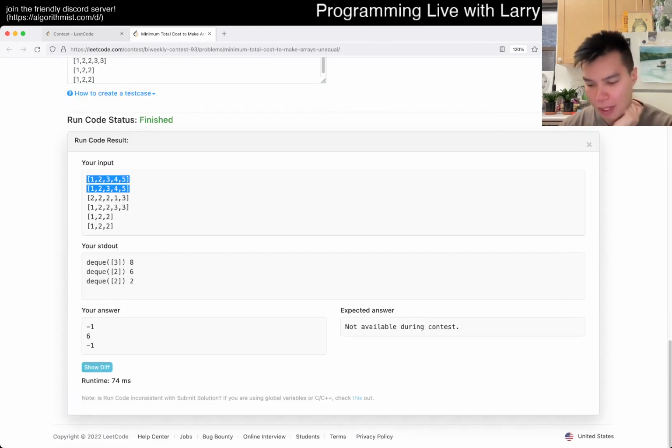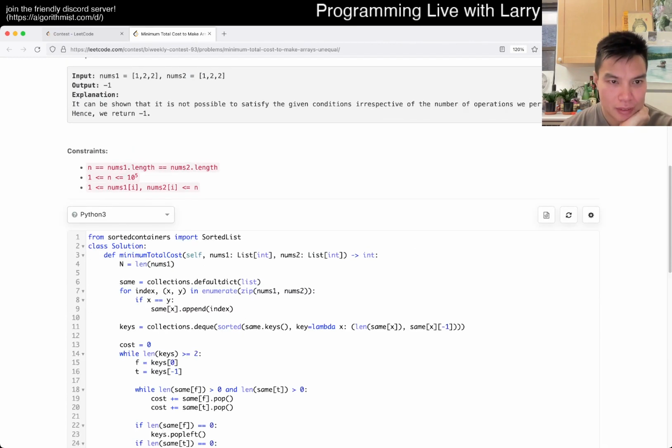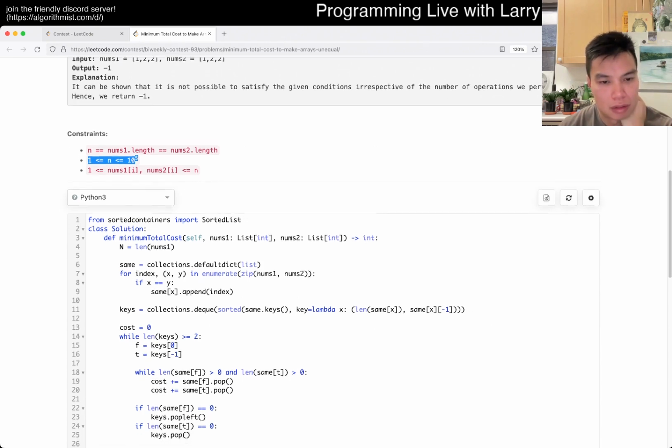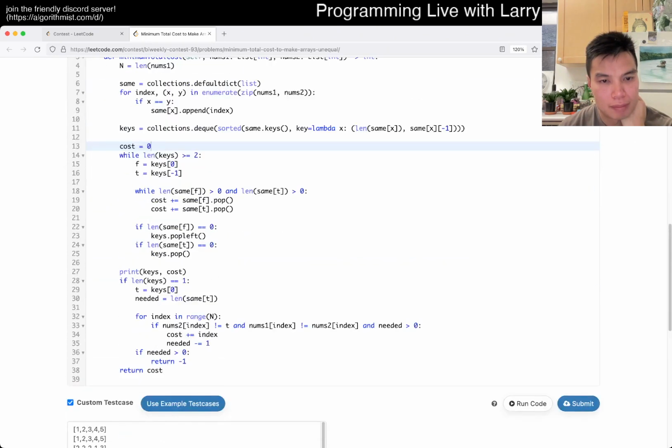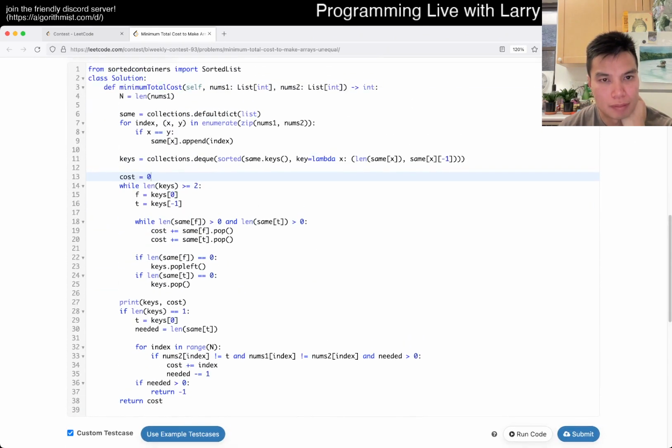It's almost like a weird bipartite matching, but its n is equal to 5th, so it's so big. I don't even know if this is right, to be honest.